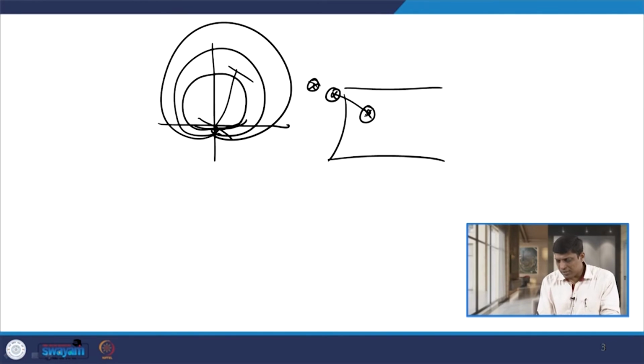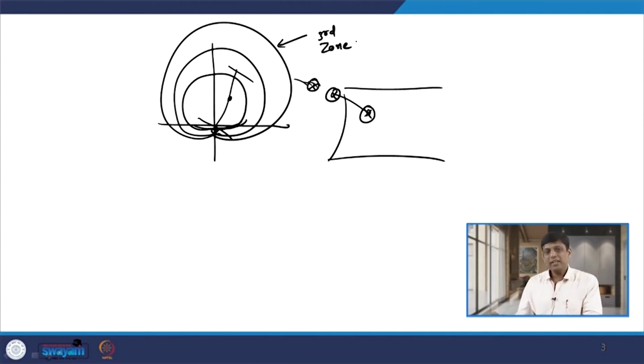In case of fault, this point will again shift and settle down somewhere here, that is fine. But in normal condition, when there is no fault and overloading of the line occurs, this point shifts towards the third zone of the distance relay. So the third zone setting is always carried out based on the maximum overload a particular transmission line can take. This is one important point.